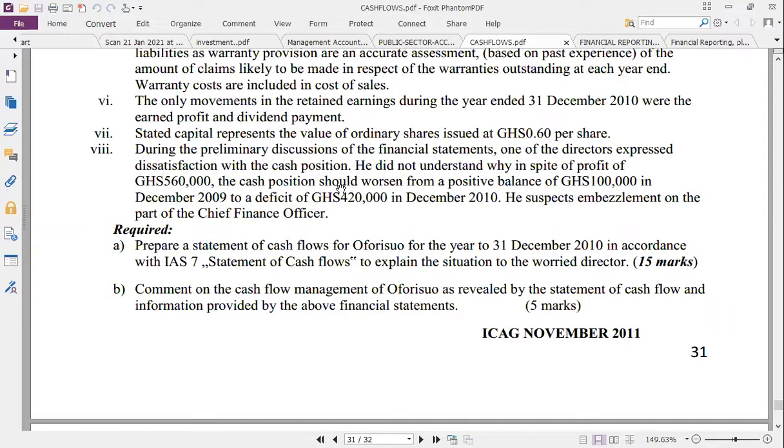But we accountants understand that money cannot be the same as your profit; they are different. So you tell the dissatisfied director to relax. Profit is not equal to cash, because in this profit of 560 that you are seeing here, a lot of issues which do not affect the cash have gone inside.